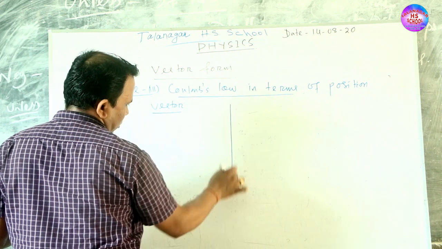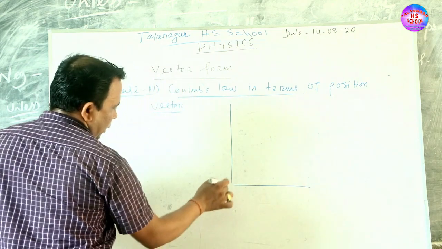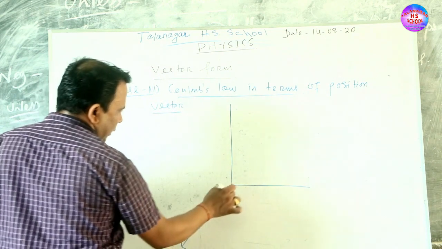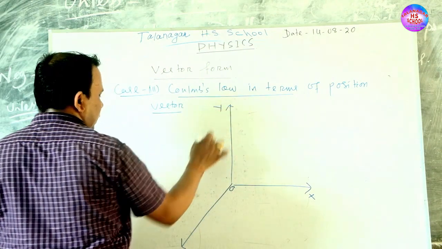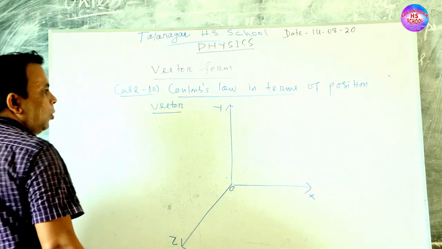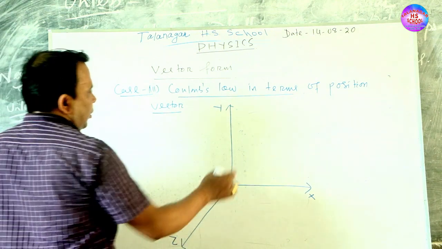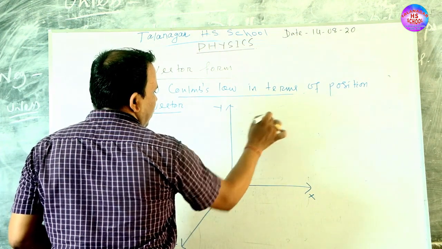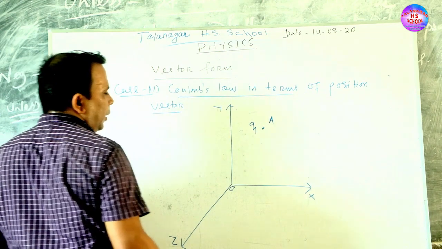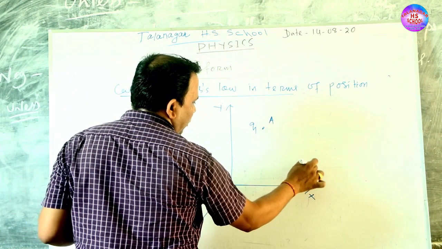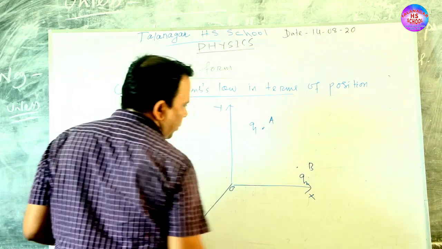So we take the three-dimensional coordinate axes. This is the arbitrary origin, with x, y and z axes mutually perpendicular to each other. A is a point where charge q1 is placed, and B is another point where charge q2 is placed.